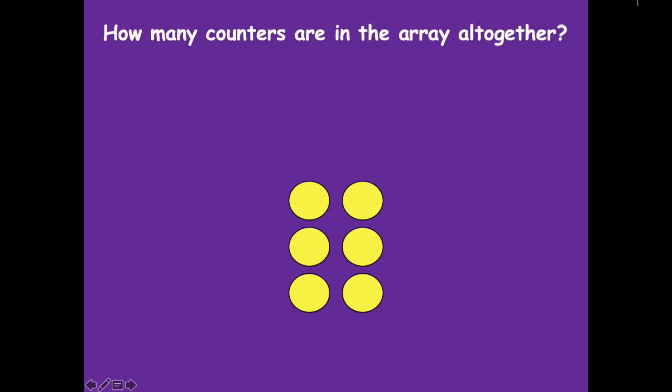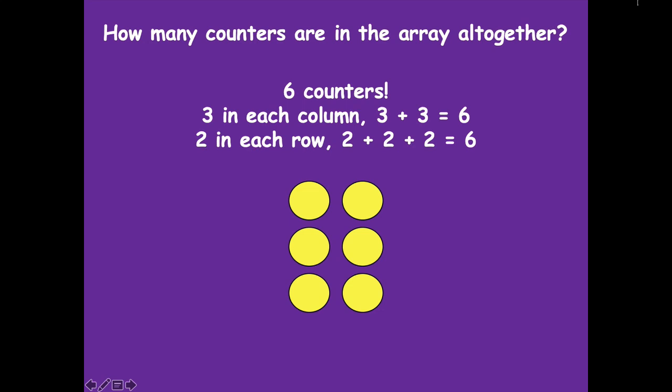So how many counters are in the array altogether? 6 counters. You could say 3 in each column, 3 plus 3 equals 6, or 2 in each row, 2 plus 2 plus 2 equals 6. So that's kind of where we're bringing our repeated addition back in.